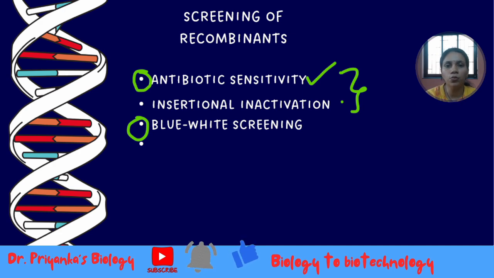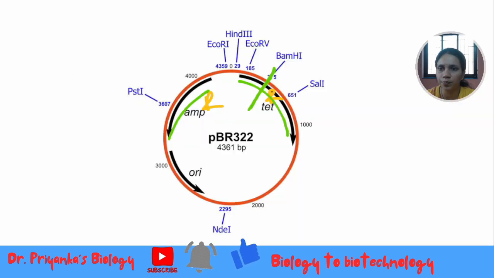Now going back to this pBR322. As we had seen in the previous picture, pBR322 has so many restriction sites. Let me clear this first. So it has so many restriction sites, and these can be used to open up the vector before insertion of the new DNA fragment.